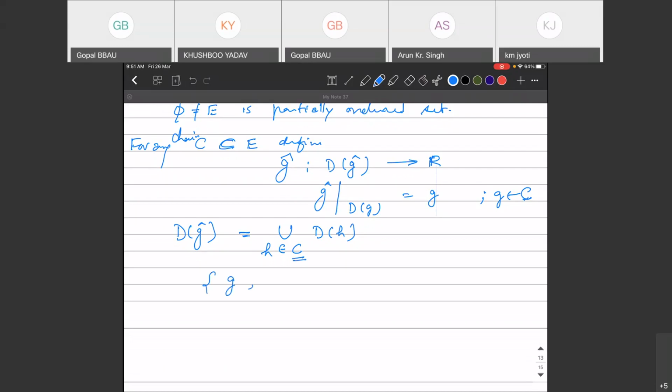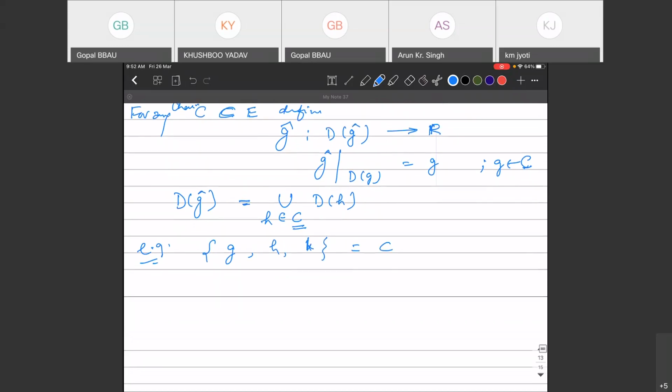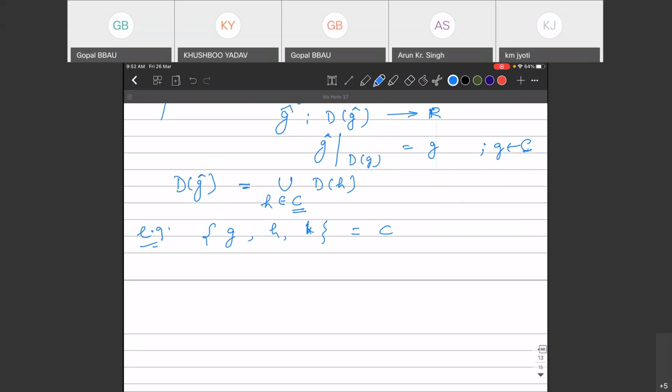For example, suppose we have a chain with three elements G, H, K. G and H are comparable, H and K are comparable, and K and G are also comparable by the definition of a chain.